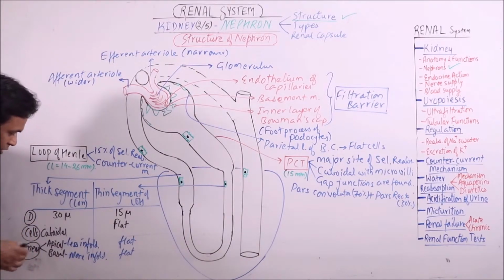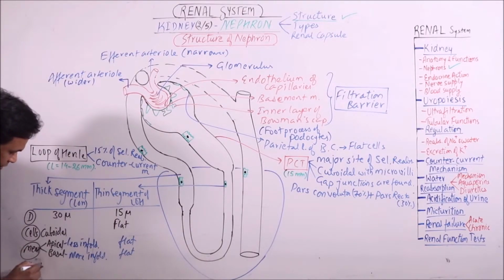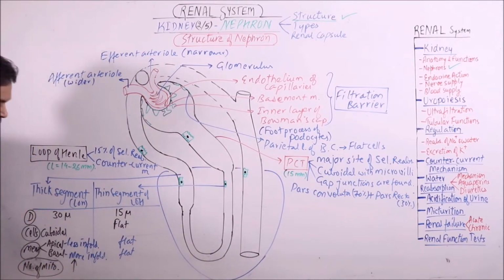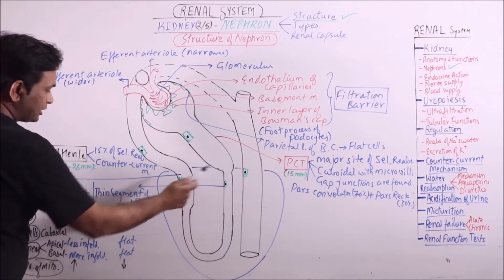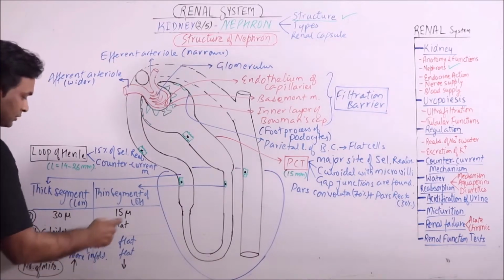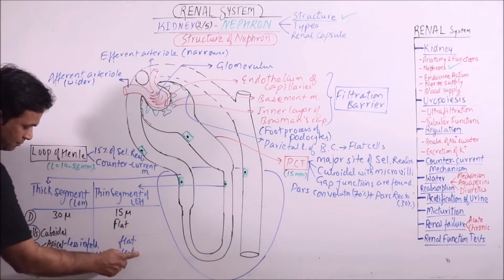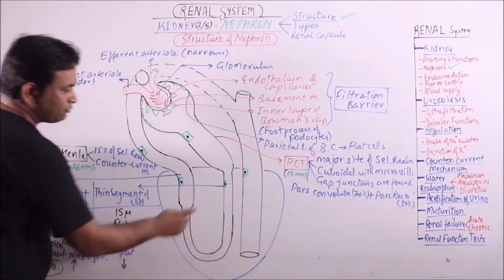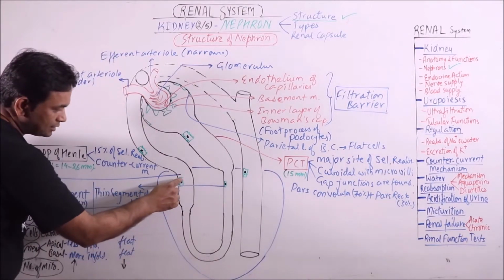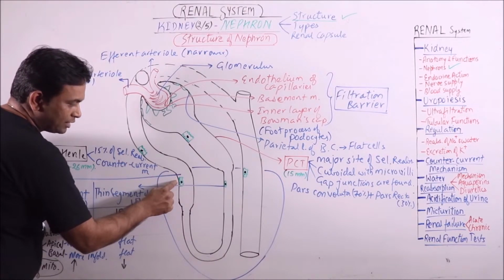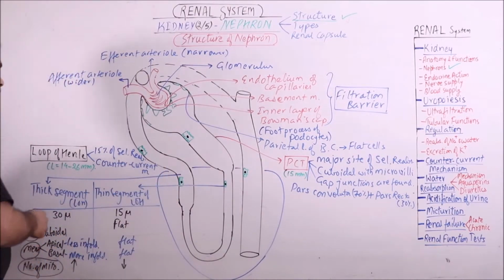And if the number of mitochondria is concerned, then it is high in case of thick segment and low in case of thin segment. So the cells of thin segment have flat cells with flat apical and basal membrane, and the number of mitochondria is very few. This is the cell. While this cell is having less number of infoldings in the apical membrane, more infoldings in the basal membrane, and the number of mitochondria is high.